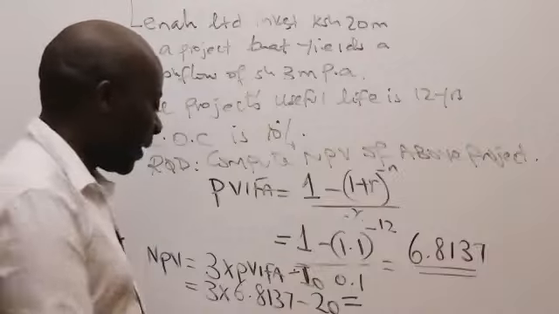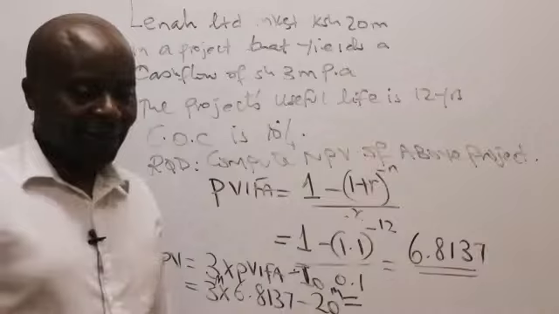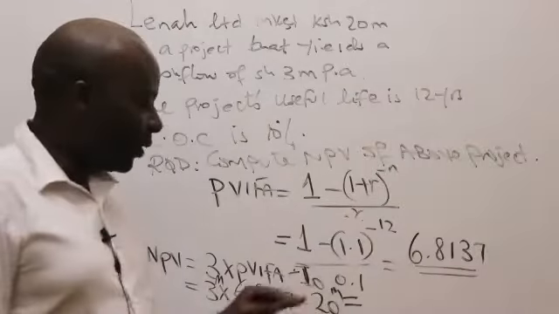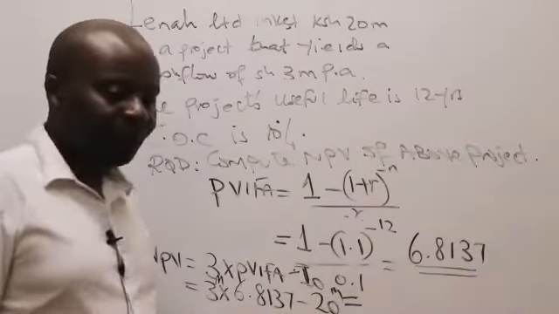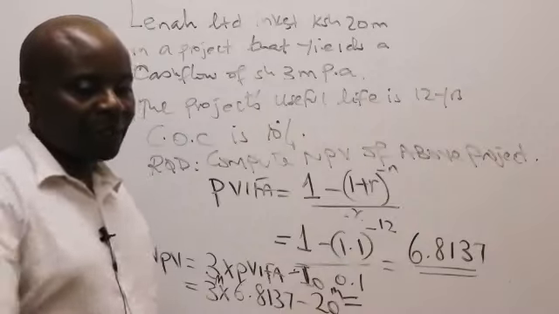So what the brother has done, he has millions there and millions there, so it's 3 million times this minus 20 million. If you decided to do away with the millions, then you should be getting 0 point something.